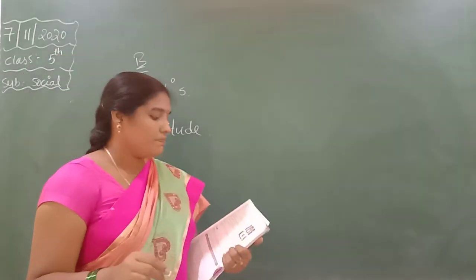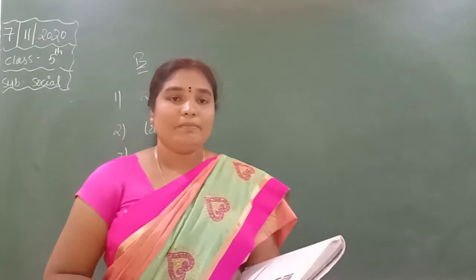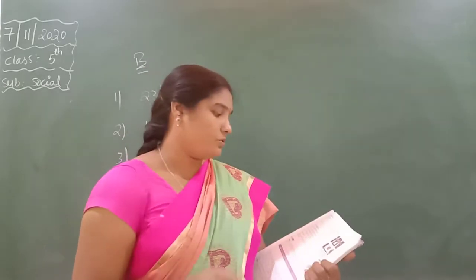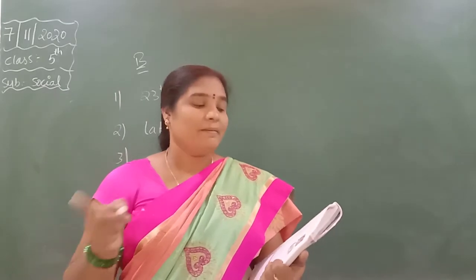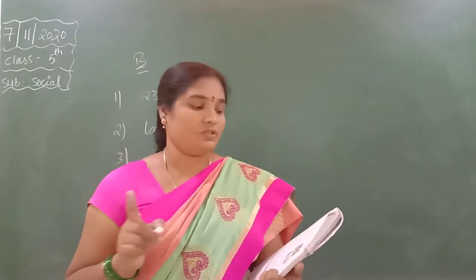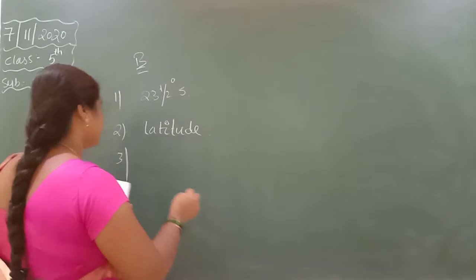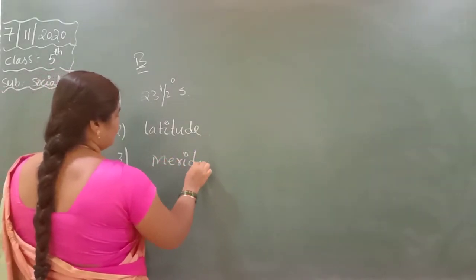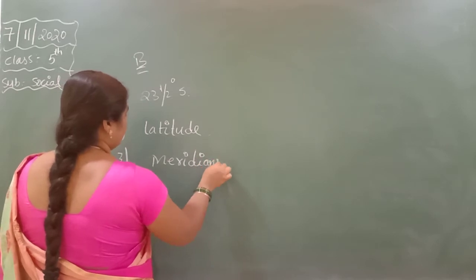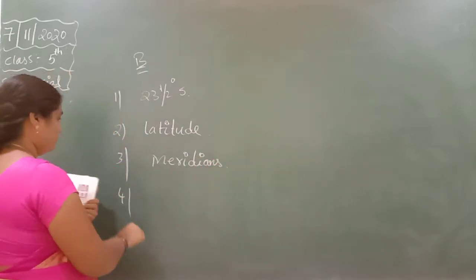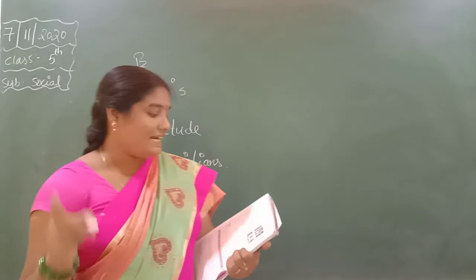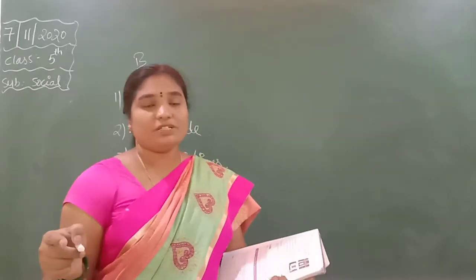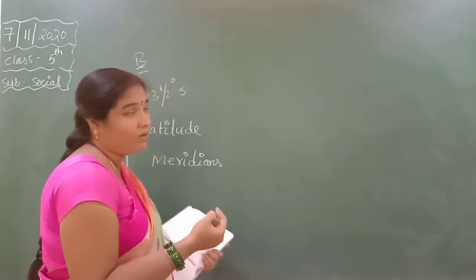Dash, longitudes; parallels, latitudes. Meridians are also known as longitudes, and parallels are known as latitudes. Fourth. North Pole 90 degrees N and dash is known as 90 degrees S. Which pole is known as 90 degrees S? South Pole.